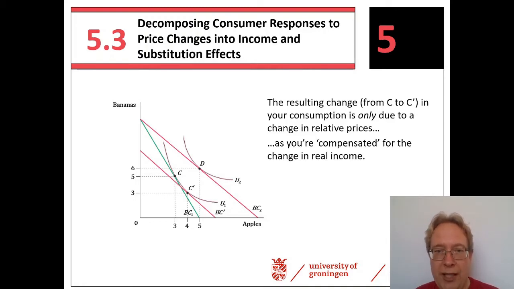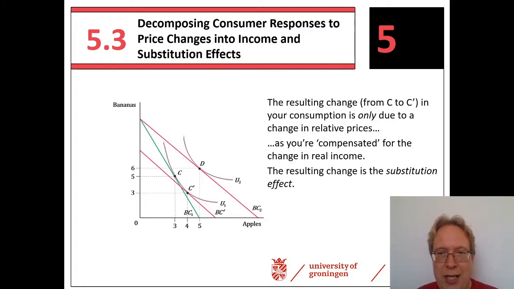You are compensated. That's a bit weird in this context since it's a negative compensation, right? But you're compensated for the change in real income. So the resulting change is the substitution effect. That's the substitution effect for apples. This is the substitution effect for bananas.